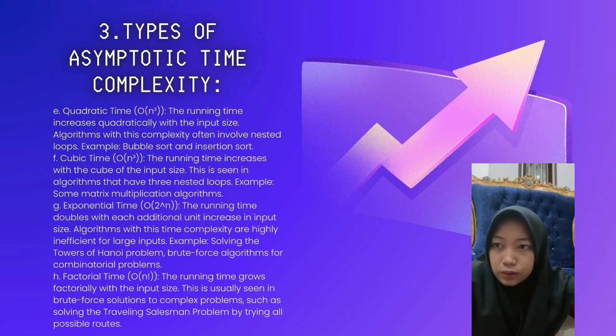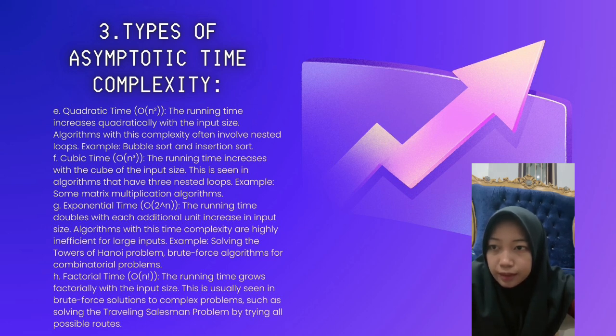F. Cubic time O(n³). The running time increases with the cube of the input size. This is seen in algorithms that have three nested loops. Example: matrix multiplication algorithm. G. Exponential time O(2ⁿ).